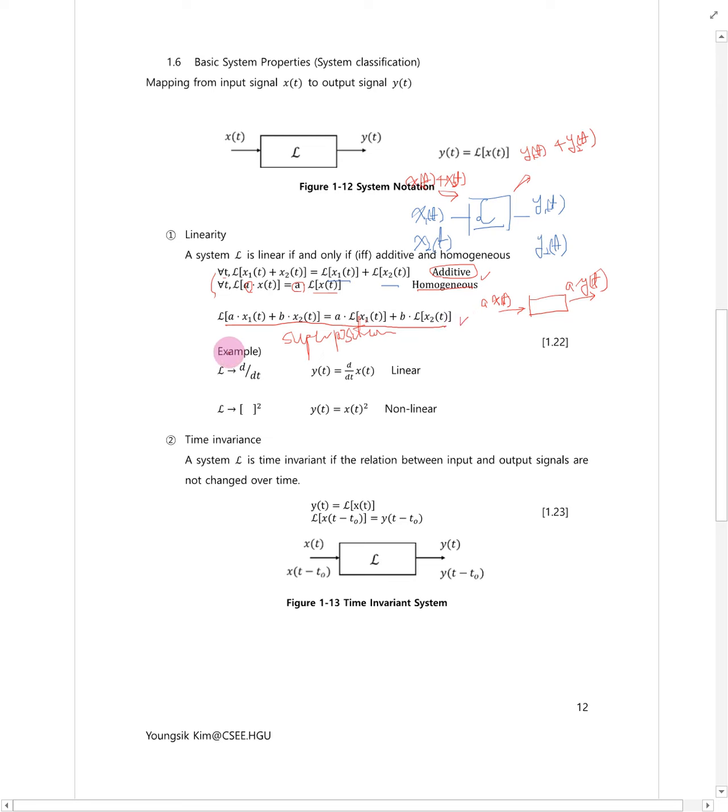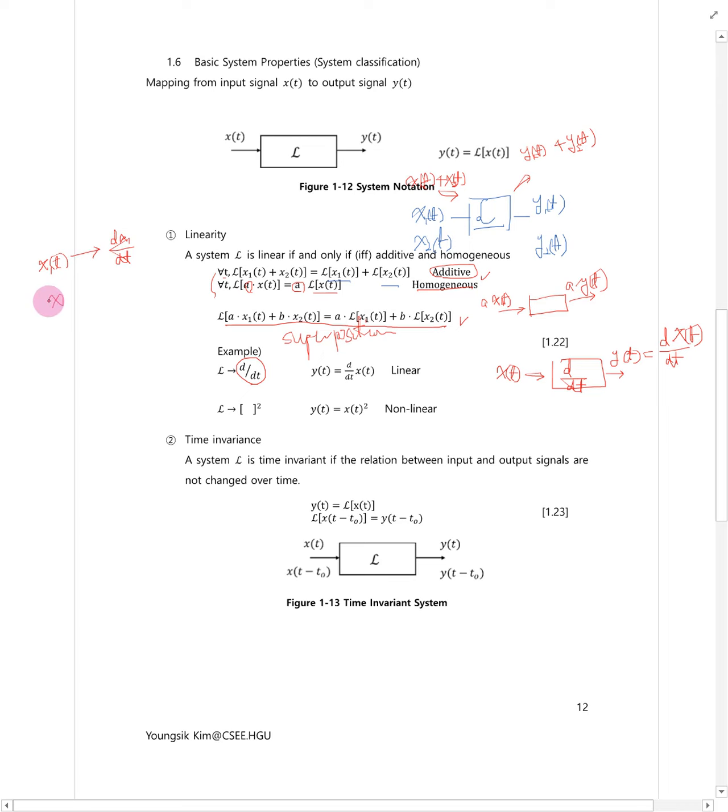Here is an example. The first one is a time derivative system. The x(t) is applied here, the system is a time derivative operator, and the output y(t) is the time derivative of x(t). You can check additivity and homogeneity. If x1(t) is applied to the differentiating system, the output is dx1/dt.